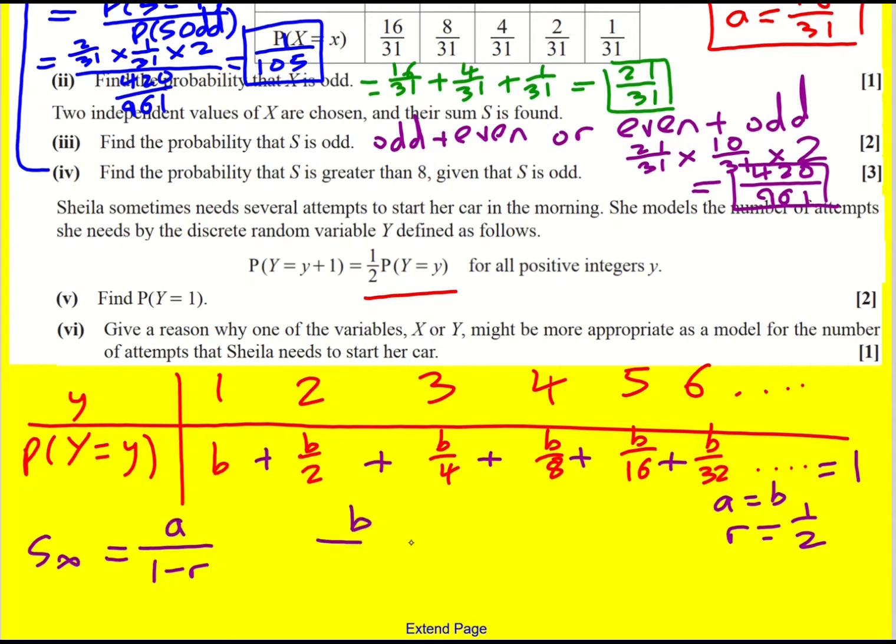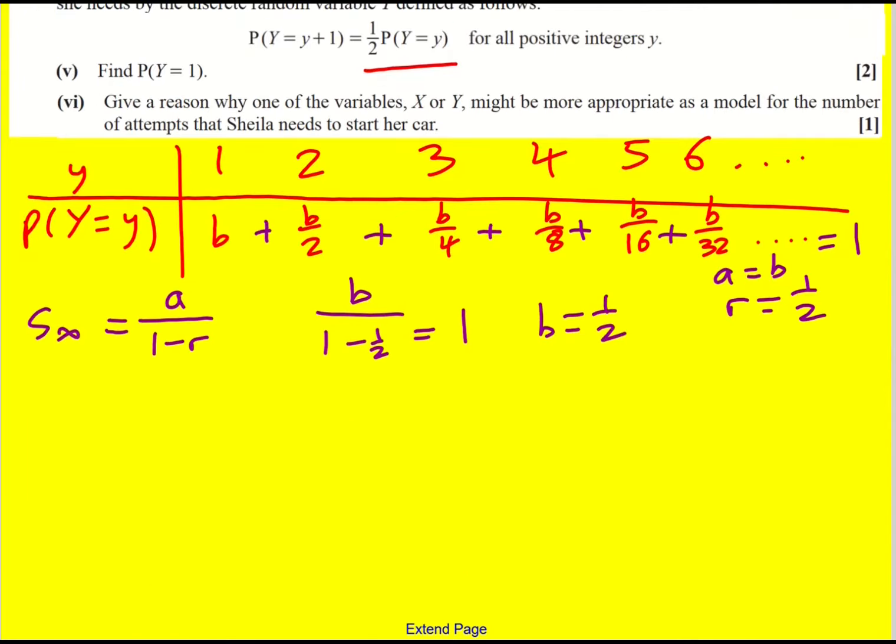So it must be that b over 1 minus a half is equal to 1. And therefore, 1 minus a half is a half, 2b is equal to 1, so b is equal to a half. And that is my probability that y is equal to 1. Probability y equals 1 is a half. So I would get a half, a quarter, an eighth, a 16th, and so on.